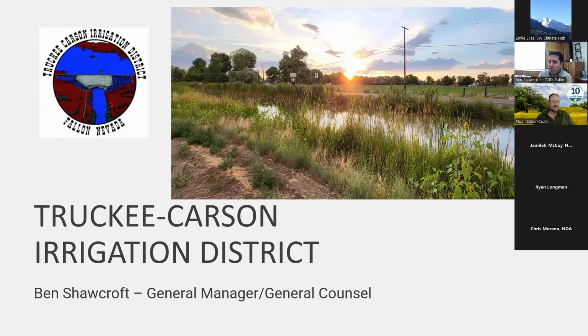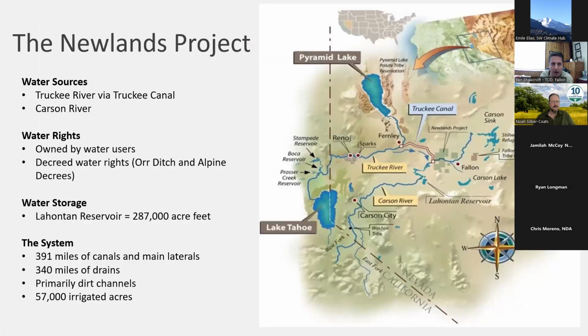So anyway, I wanted to just give you a little background of our irrigation district here. As you can see on the map here, we're located in kind of northwestern Nevada. If you drive an hour east of Reno, you'll go through Fallon, and we are the home of the Fallon Naval Air Station, which is also the home of the Navy's Top Gun Flight School.